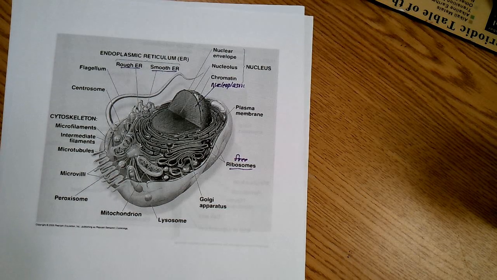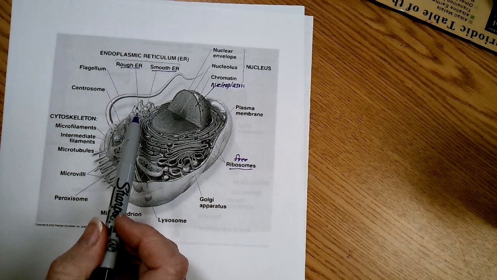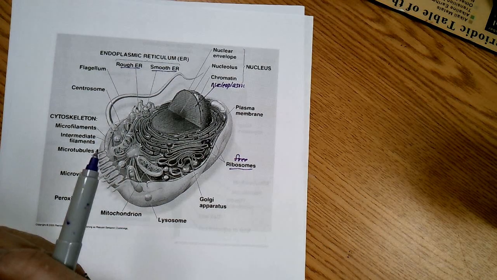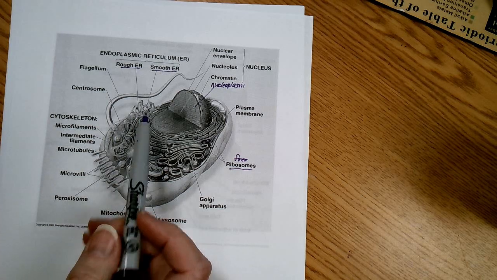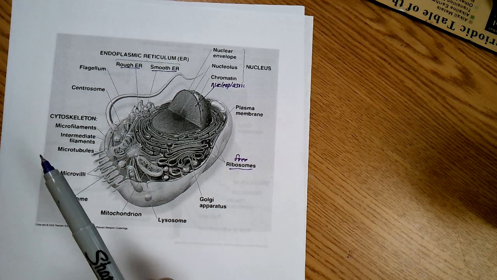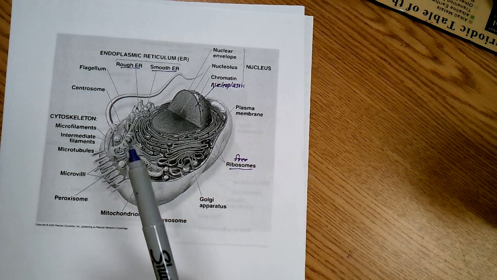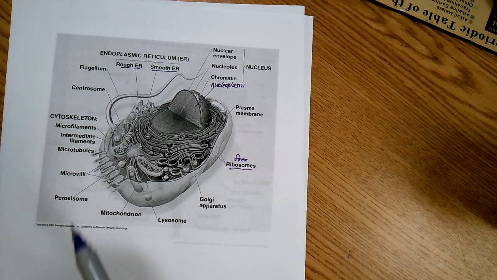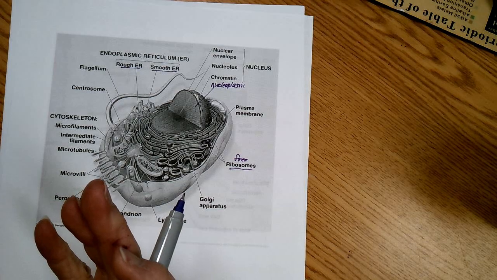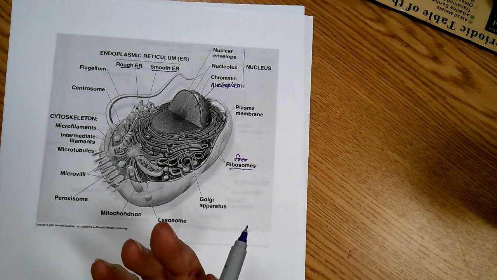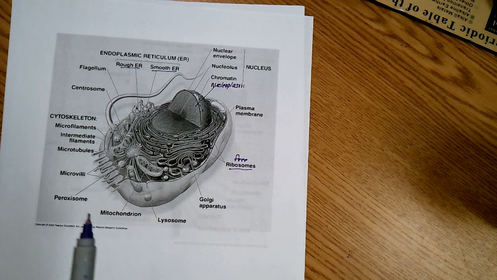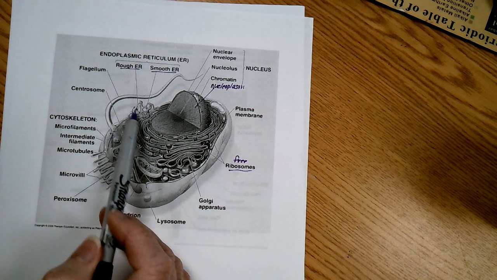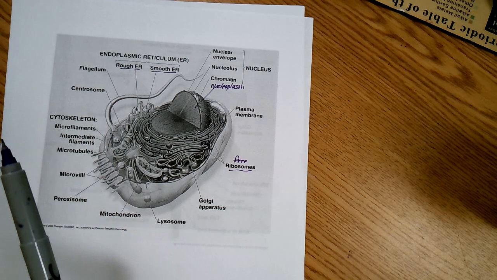Remember that, okay? You can actually tell somebody's level of resistance to drugs due to the smooth ER. Cells will build more and more smooth ER as you take more and more drugs, and that becomes your resistance, your tolerance to certain things. People can build up a tolerance to alcohol, but what's actually happening at the cellular level is that smooth ER is growing and making more smooth ER.